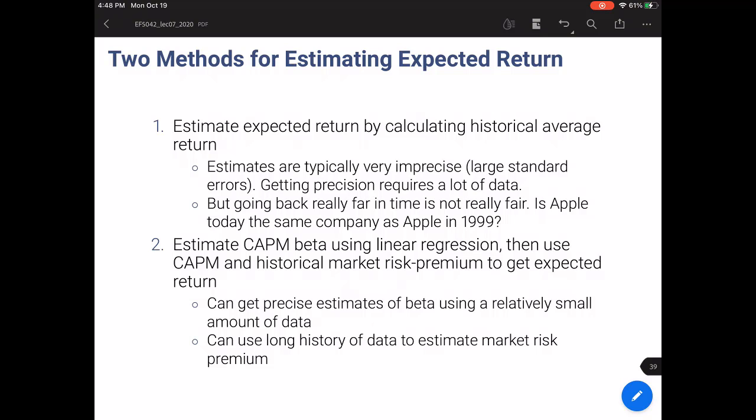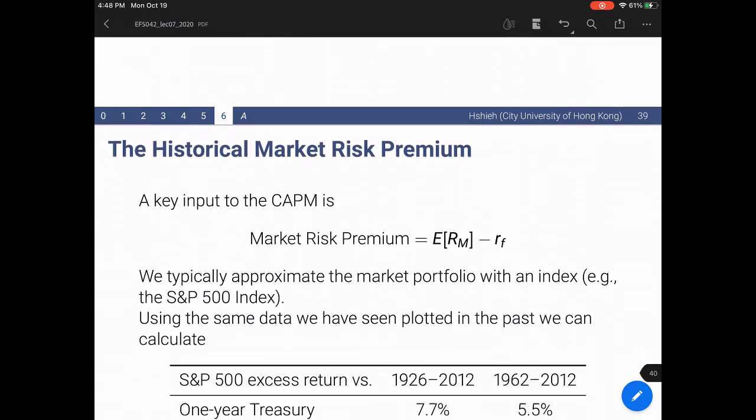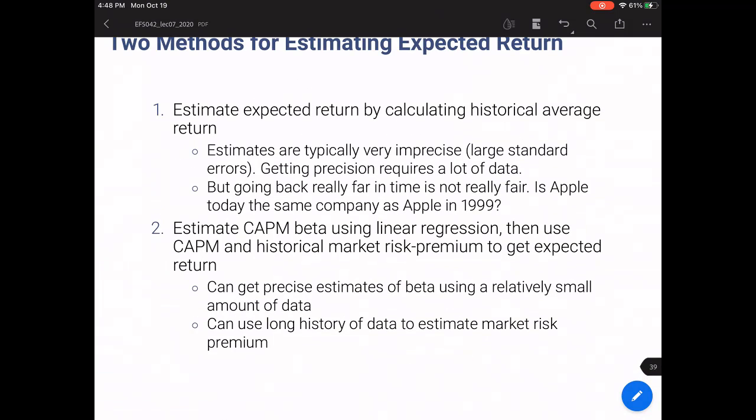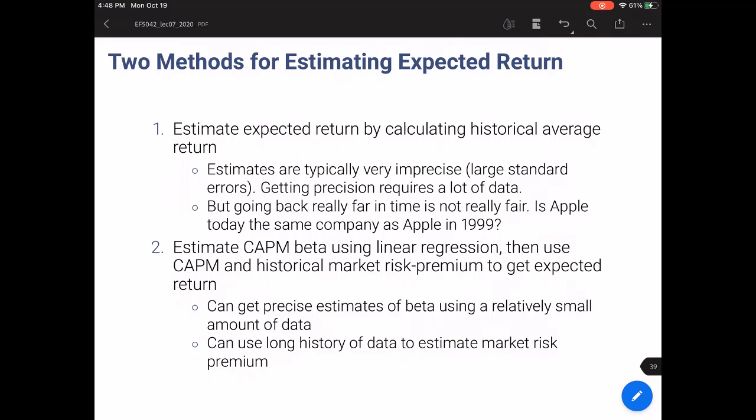Okay. All right. So the method stated here is that you can use the beta from linear regression. So in this slide, two things you can do.